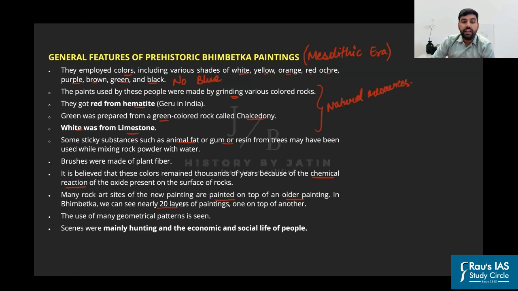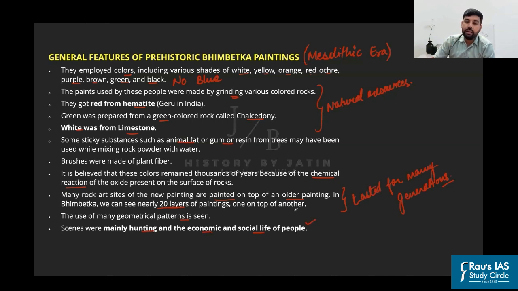We can see 20 layers of such paintings, which means they lasted for many generations. The use of geometrical patterns is also seen, and mainly hunting and the economic and social life of the people is seen.